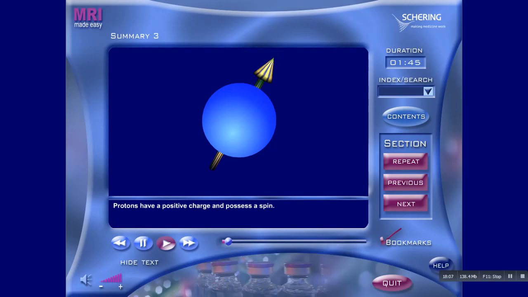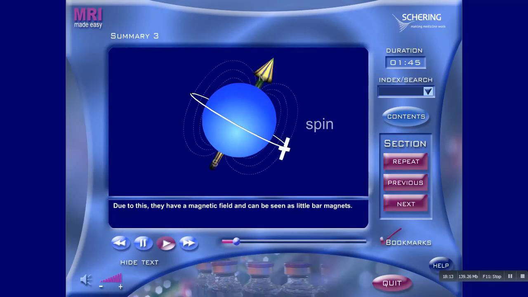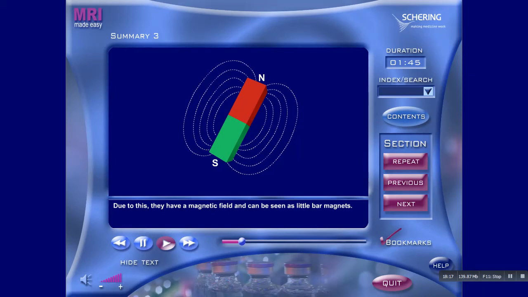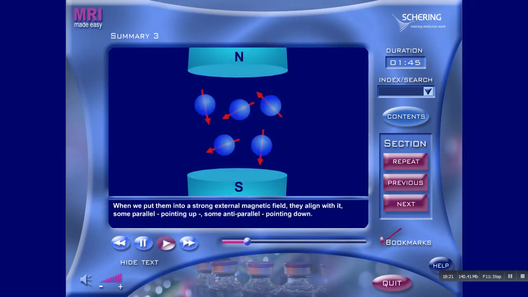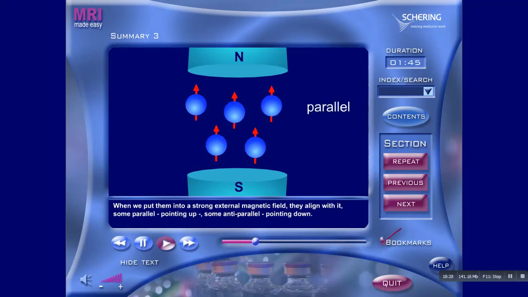Protons have a positive charge and possess a spin. Due to this, they have a magnetic field and can be seen as little bar magnets. When we put them into a strong external magnetic field, they align with it, some parallel, pointing up, some anti-parallel, pointing down.